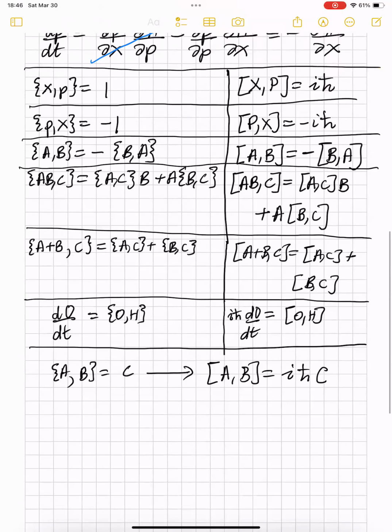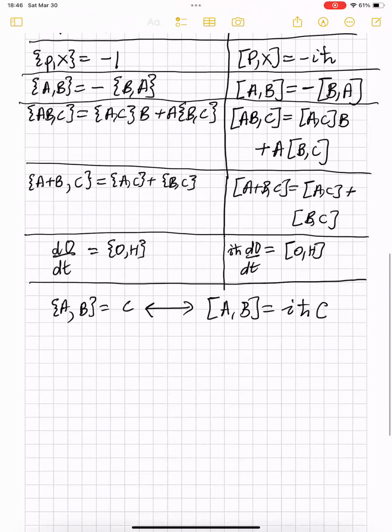So for example, x and p, which used to be commuting functions, where you could specify x and p simultaneously, become operators that don't commute. So you can no longer fix the value of x and p. So you've caught in this rule the Heisenberg uncertainty principle, the fact that you can't measure simultaneously the position and momentum of the particle.